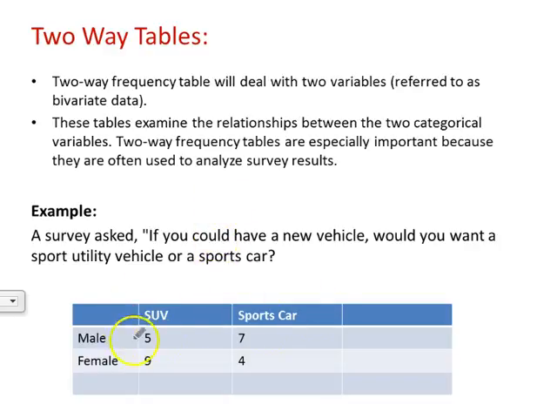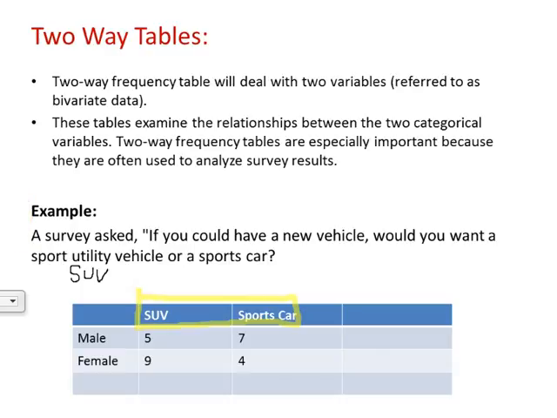In the two-way table below, the survey question was: if you could have a new vehicle, would you want a sports utility vehicle, which we refer to as an SUV, or a sports car? We asked a group of people, and we recorded our answers in this two-way table.